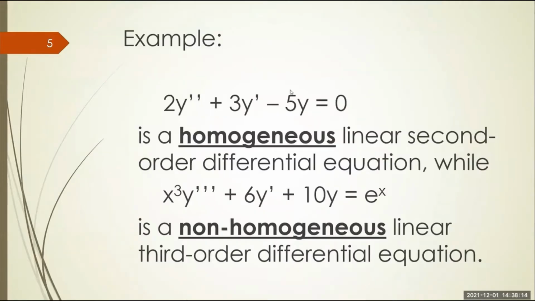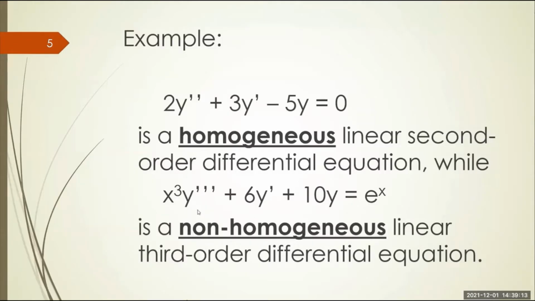For example, if we have 2y double prime plus 3y prime minus 5y is equal to 0, if I ask you, you can say this is a homogeneous, linear, because it's of the first degree, second order differential equation with constant coefficients.